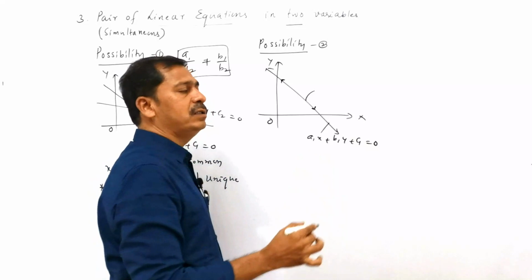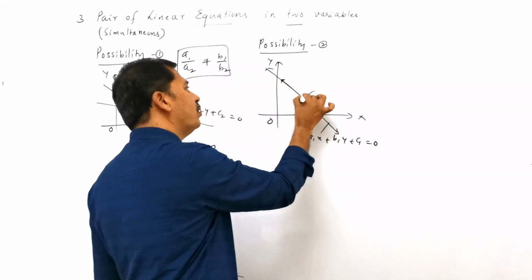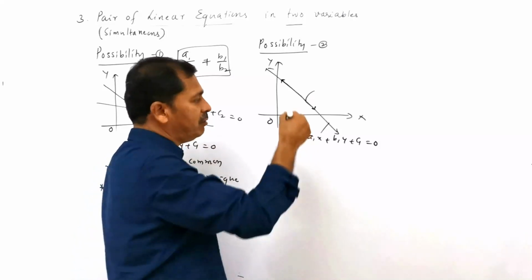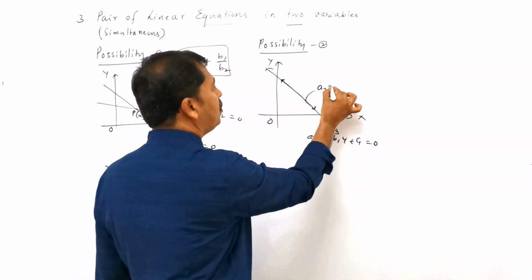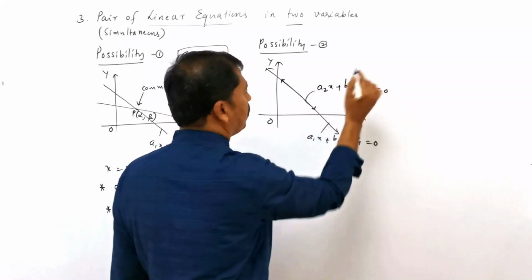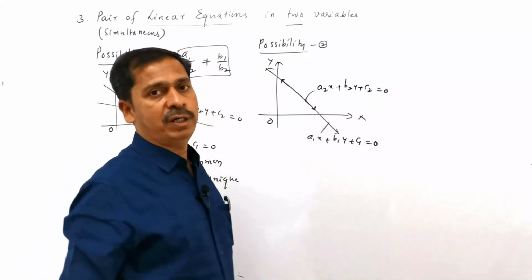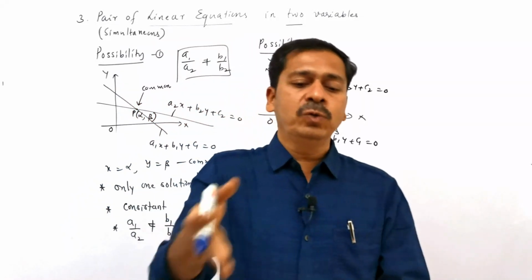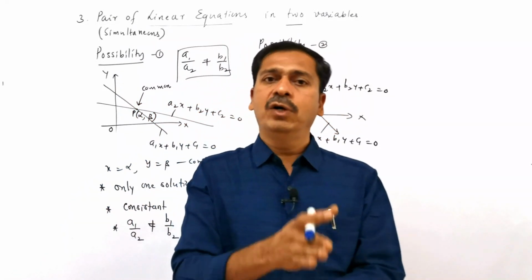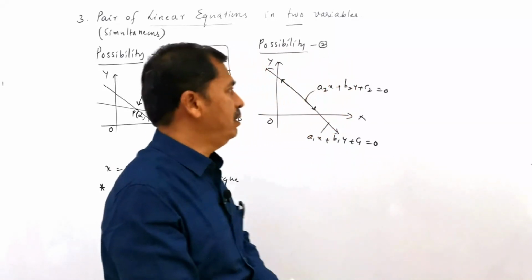On plotting the points and joining them, it coincides with this. So this is a2x plus b2y plus c2 is equal to 0. That is, geometrically, the two lines coincide on one another.